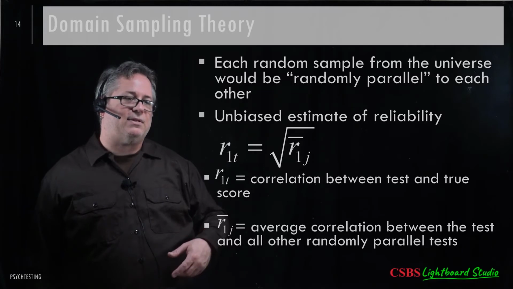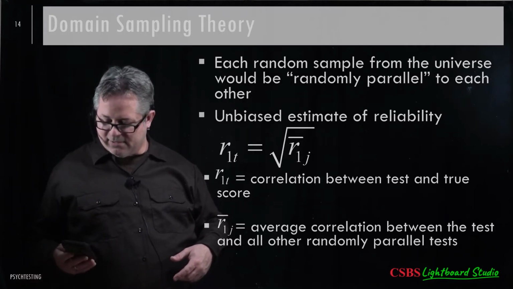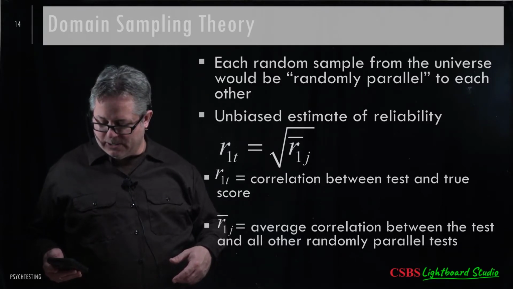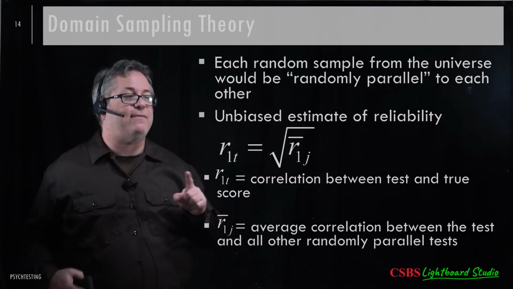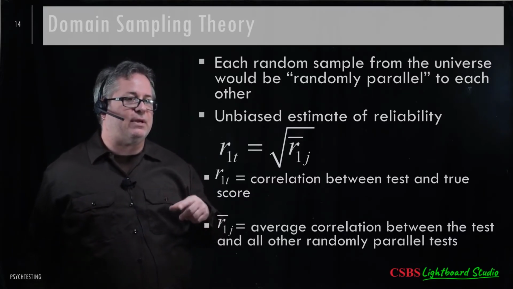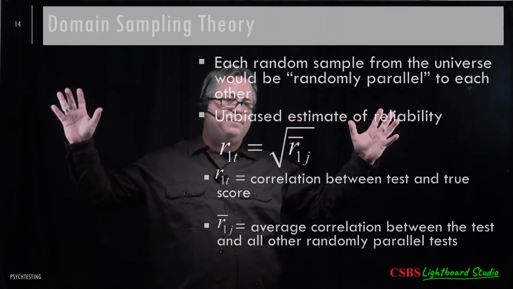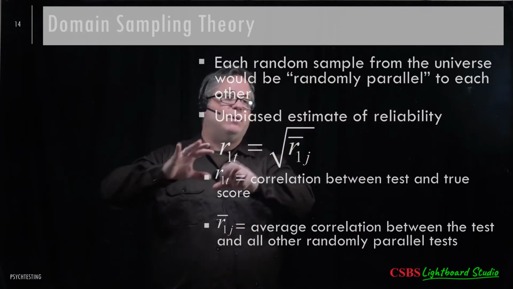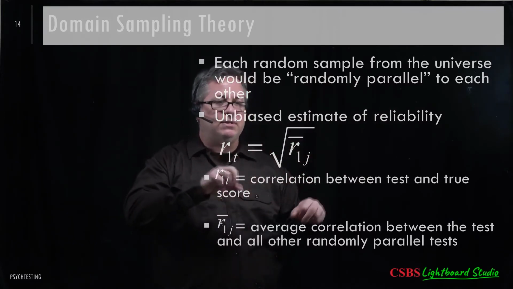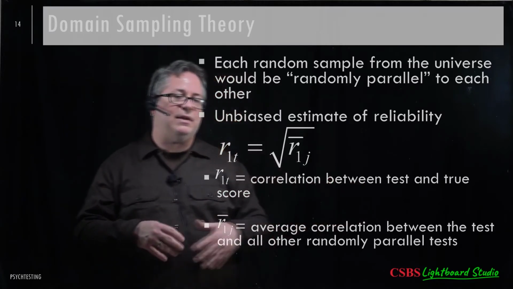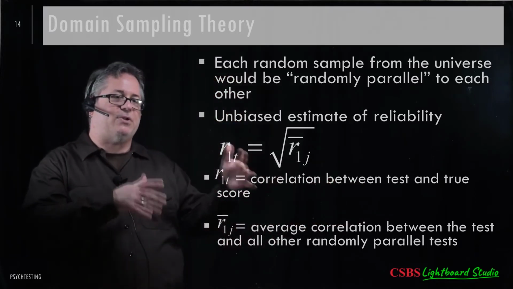So let's see if you got any questions. No. So this is assuming that you have done that. This is assuming, in a very concrete way, you actually generate all these items, right? And then you take random samples of items from the domain to create different tests, right? You've got to think it's almost like an infinite number of combinations of those things.